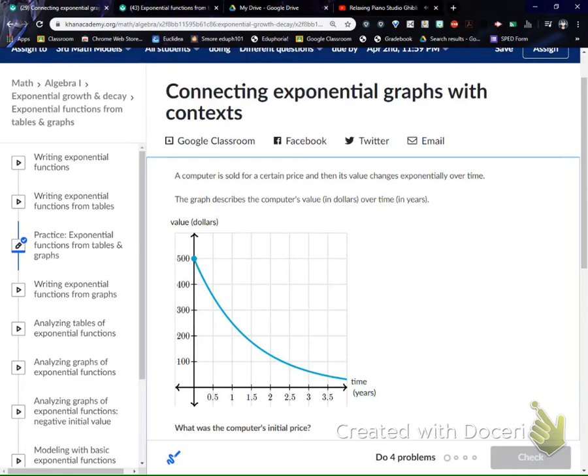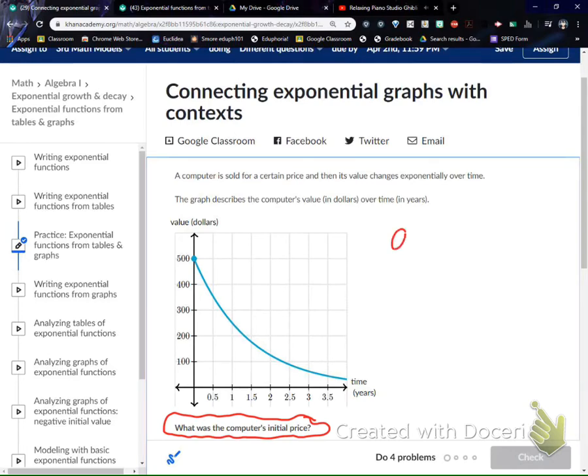So in this example, we are looking for an initial value right down here. A couple of things we need to start connecting and putting together with our other equations of exponential functions.